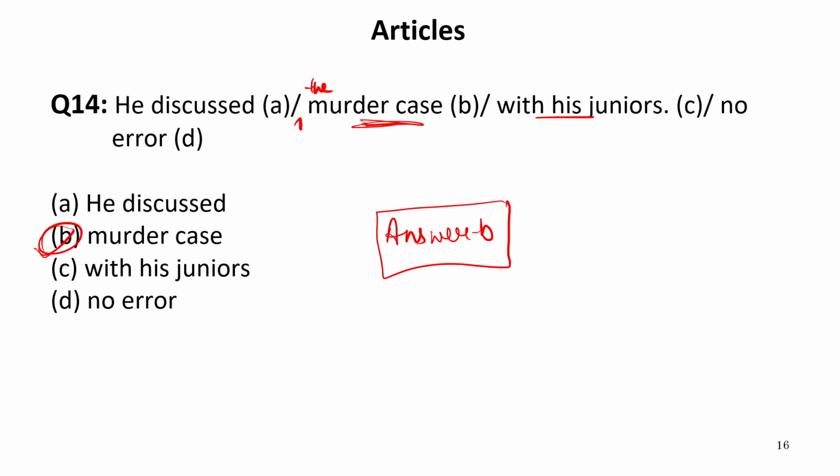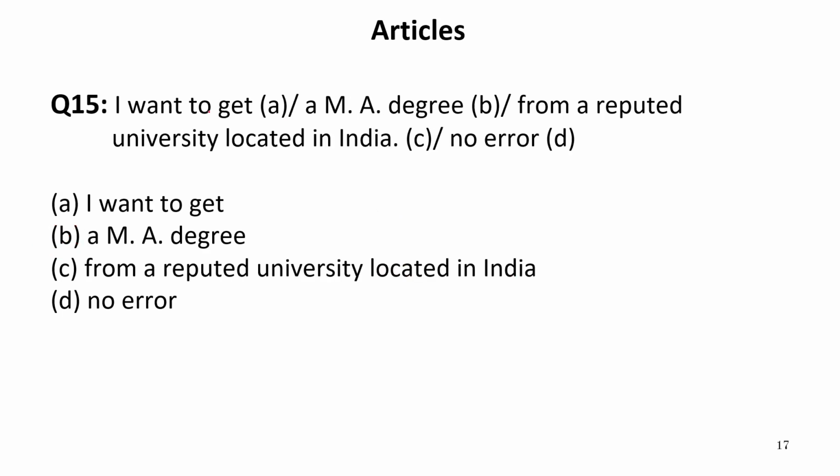So now let us move to the next one. I want to get an MA degree from a reputed university located in India. Now MA, according to its pronunciation in Hindi, it should be "em-ay". This is pronounced as "em".